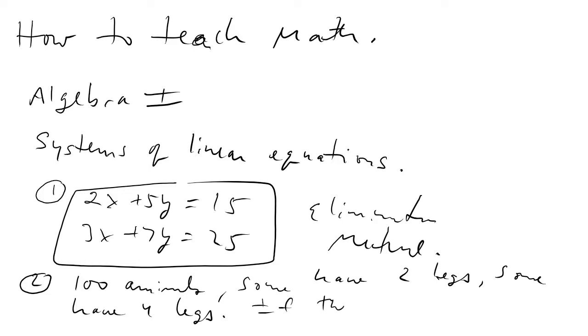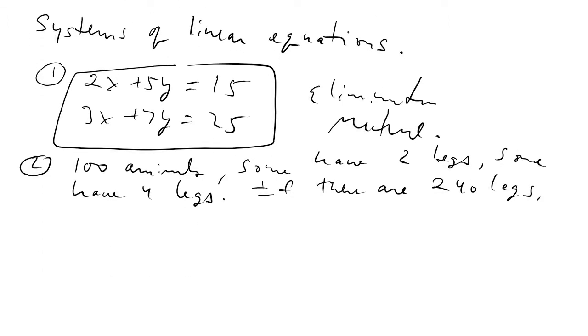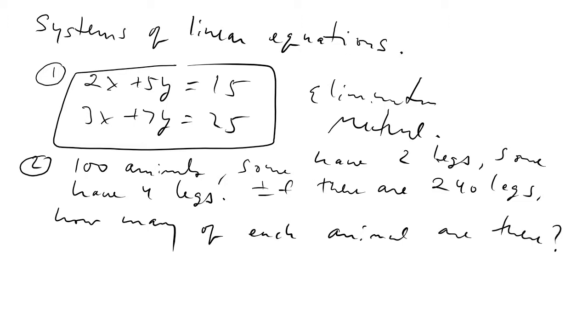If there are 240 legs, how many of each animal are there? Definitely, if my students can do these two sorts of questions, I'll feel like they've gotten the idea of systems of linear equations.